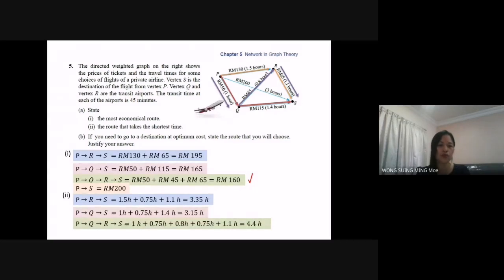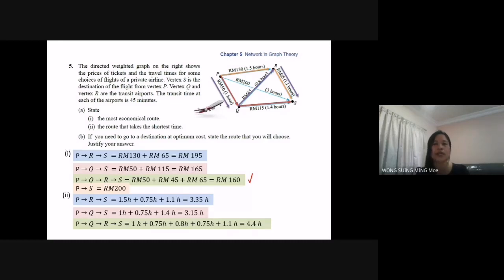The third route, PQRS. This one, of course, takes a lot of time to travel. P to Q, 1 hour. Transit time, 0.75 hour. And Q to R is 0.8 hour. And don't forget here, we transit again.